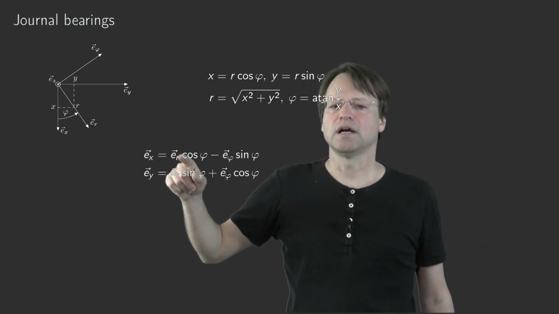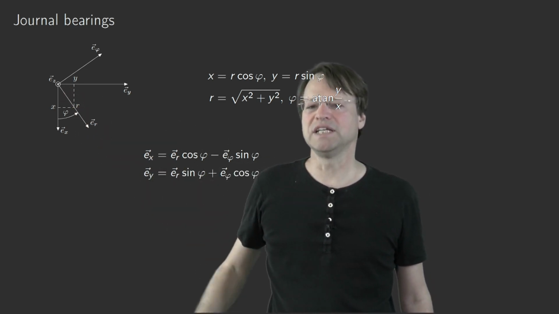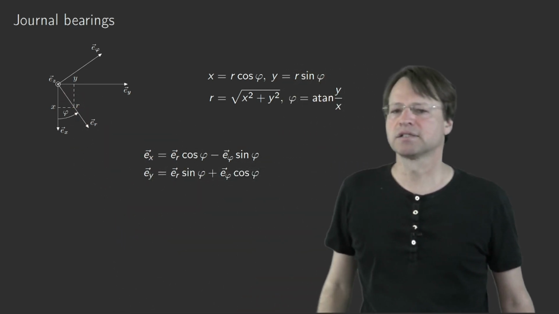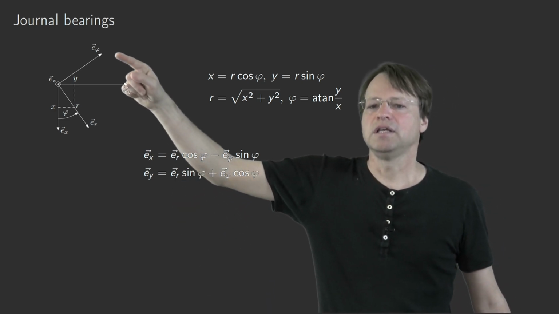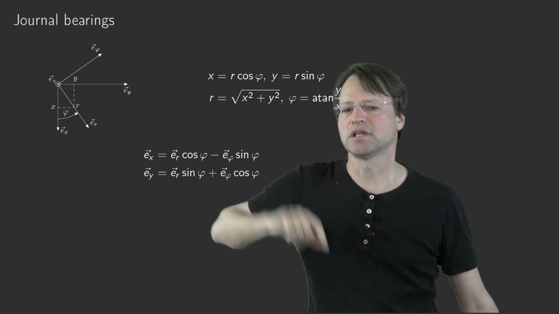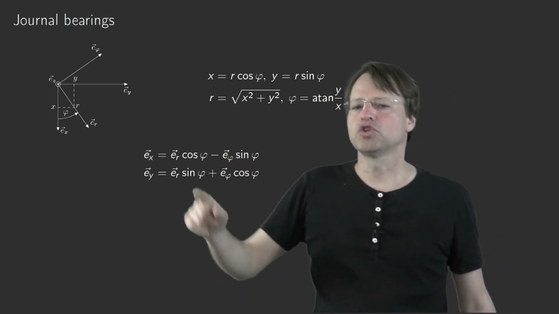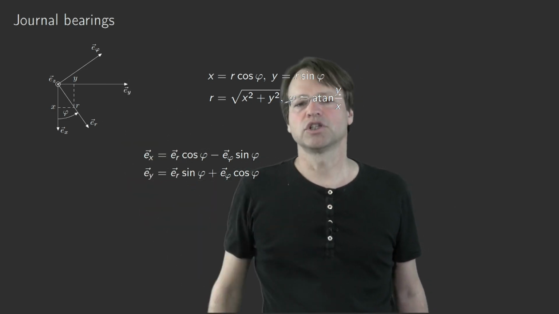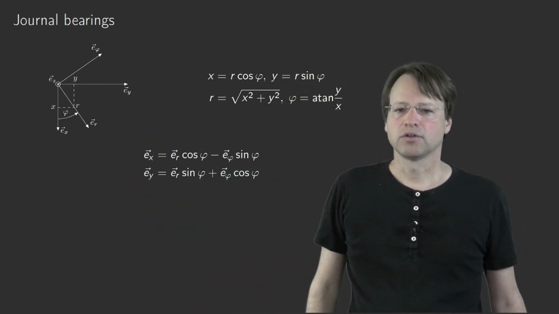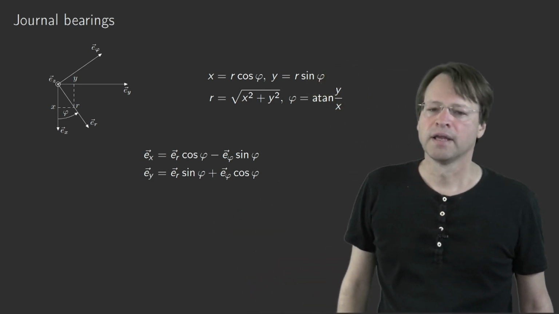You can see that e_r cosine phi is the contribution from the unit vector e sub r on e sub x. And finally, e sub phi points opposite to e sub x, so it is taken with a negative sign, and you take the sine projection here to get the contribution on the x-axis.